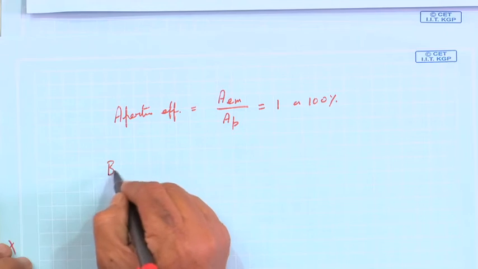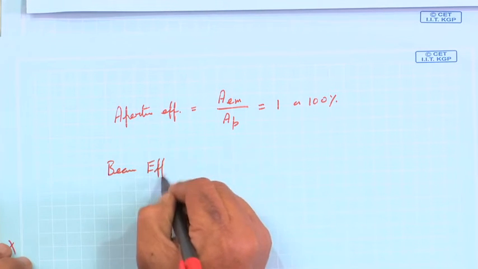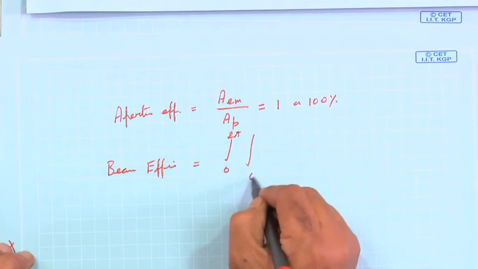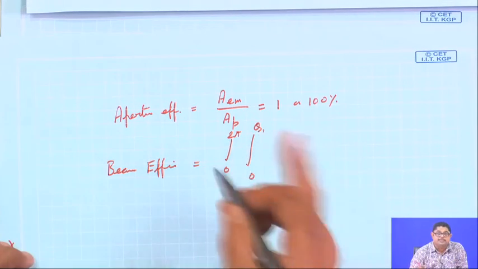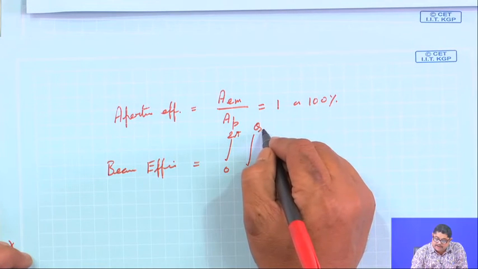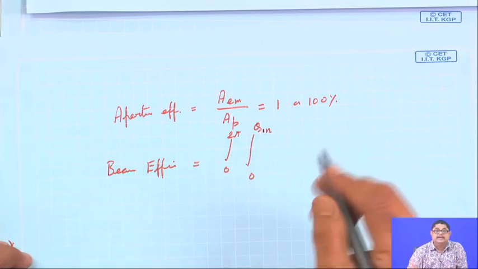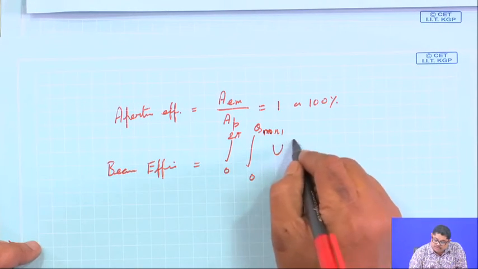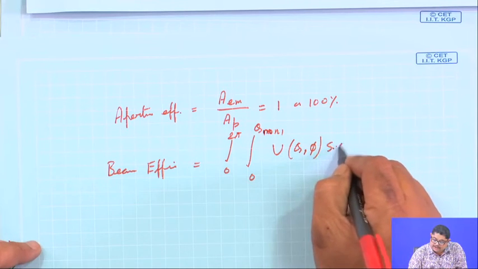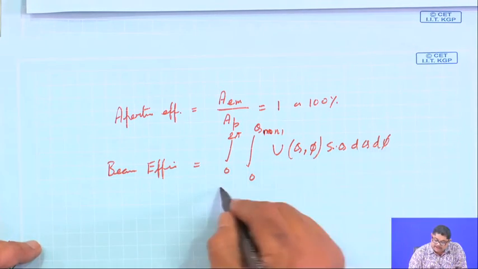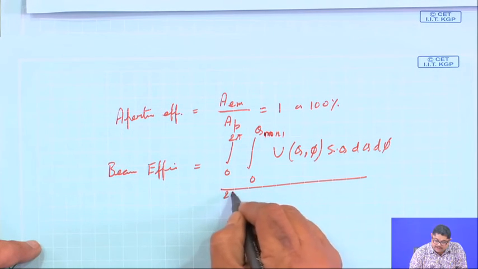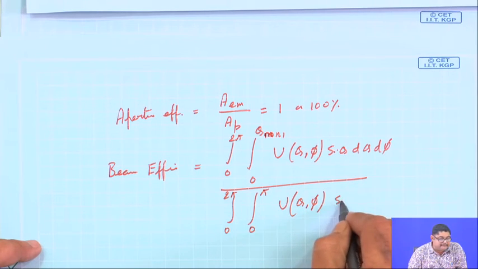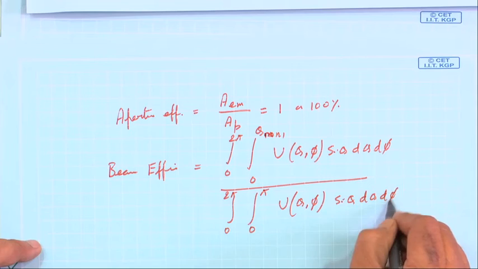So, I can also write beam efficiency as the power in the main beam. So, 0 to 2 pi, 0 to theta 1, where theta 1 is the main beam, of u theta phi sin theta d theta d phi, divided by 0 to 2 pi, 0 to pi of u theta phi sin theta d theta d phi.